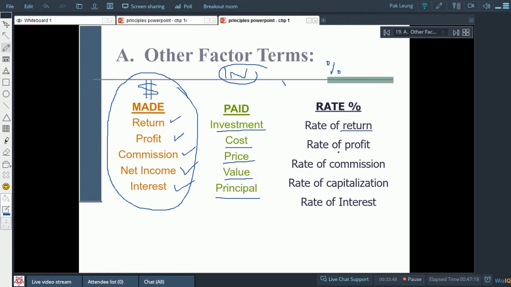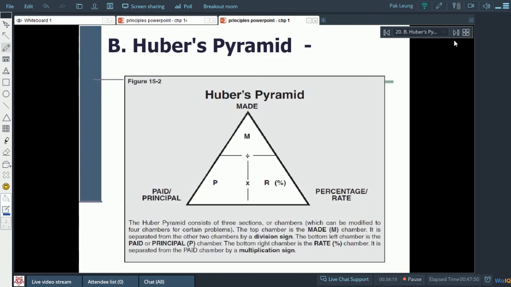This is the rate, the percentage rate, 这是比例. Rate of return, 回报率, rate of profit, 盈利, the commission percent, 佣金这个 percentage, or capitalization. They're all different words, but they mean the same. 它的用的形容词不一样，但是它基本上就这三样东西了.